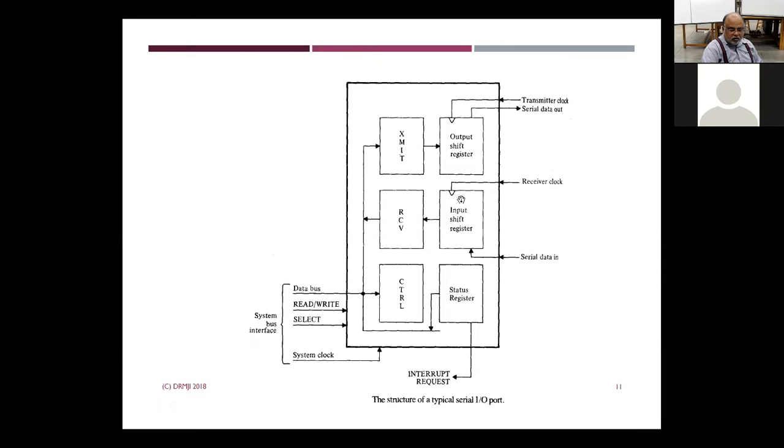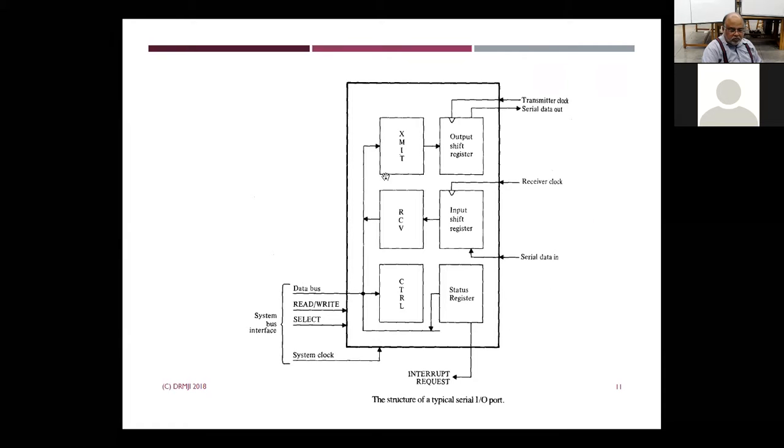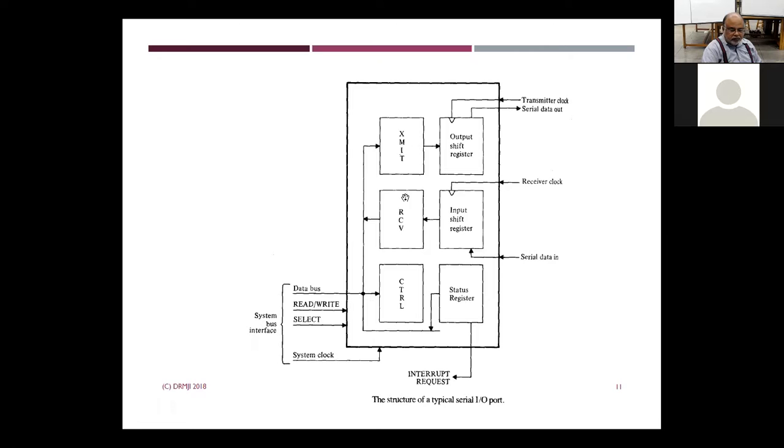The receive clock is over here and the transmit clock is over here. These clocks are locally generated when it is decided what the speed of the data transmission will be. These are some controls. This is a receive buffer, this is a transmit buffer, and this is called SBUF in higher languages, serial buffer.